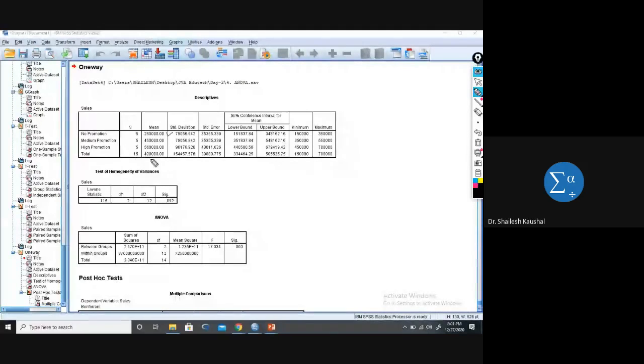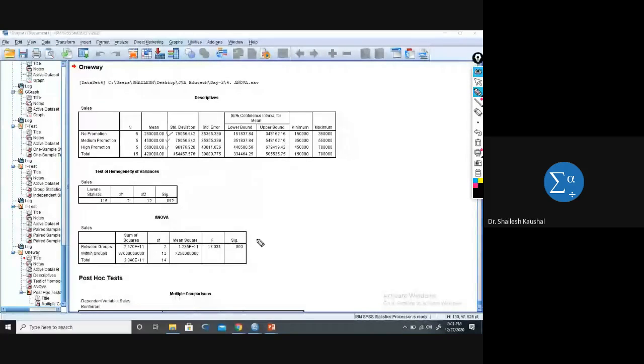When we use high promotion, the mean is 5,60,000. It means all the values are different, not the same. Now we want to check whether this difference is significant or not.